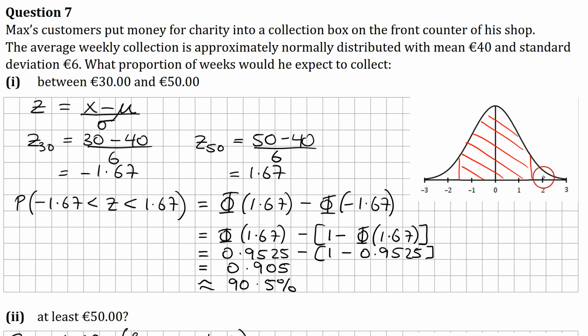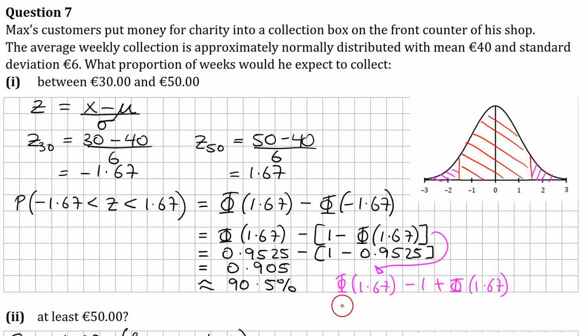Now you can clearly see that the two z-scores are the same, so what you're really doing is knocking out the two tails. Another way of looking at this: if I distribute that minus in there, you should be able to see that it's phi of 1.67 minus [1 minus phi of 1.67], plus phi of 1.67.